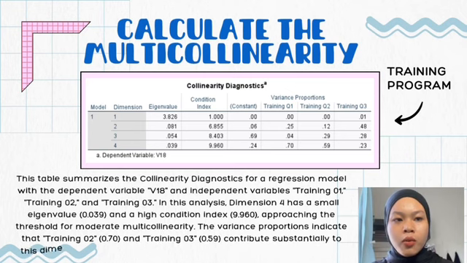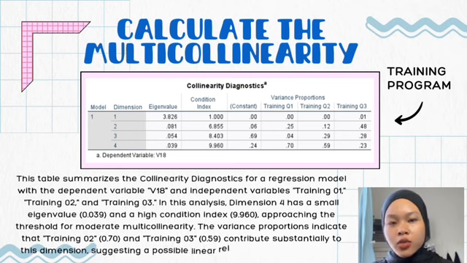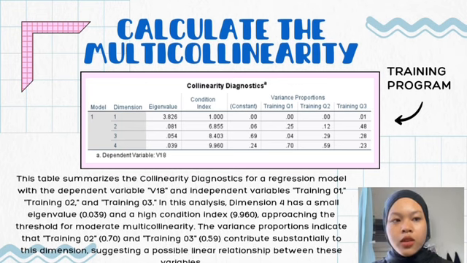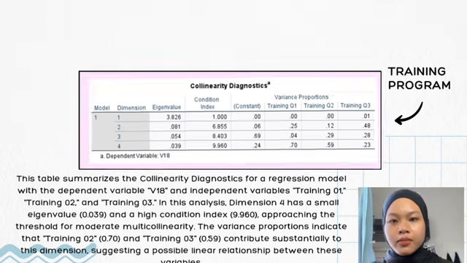The variance proportions indicate that training 2 at 0.70 and training 3 at 0.59 contribute substantially to this dimension, suggesting a possible linear relationship between these variables.